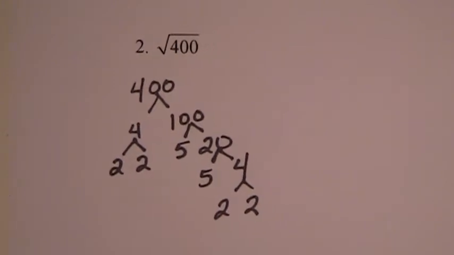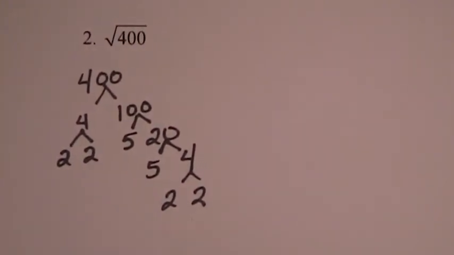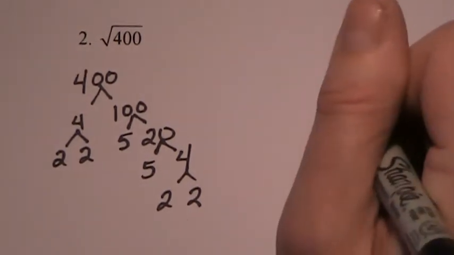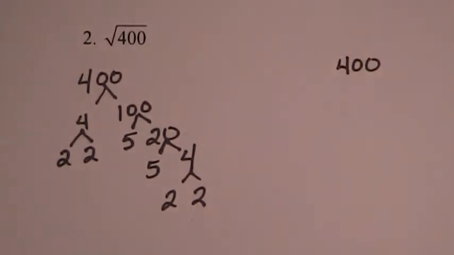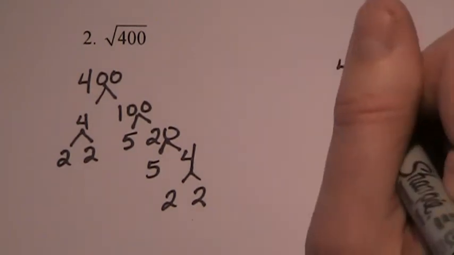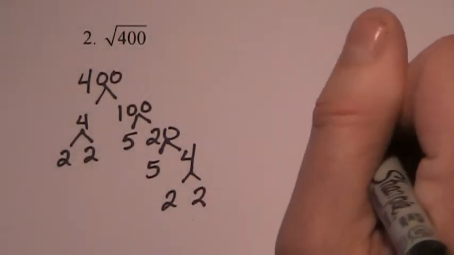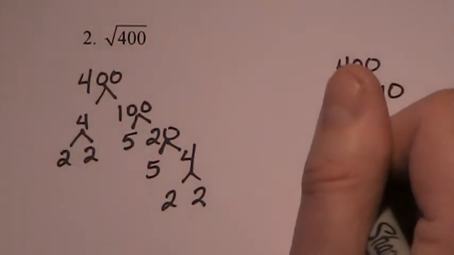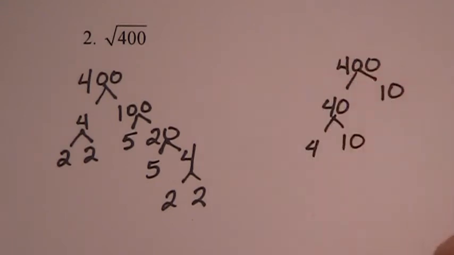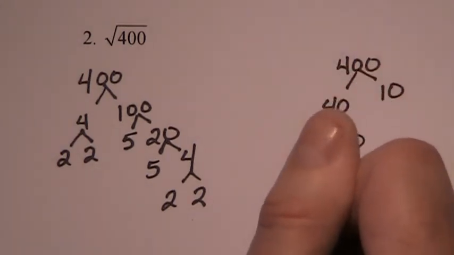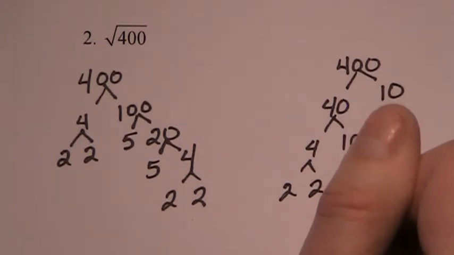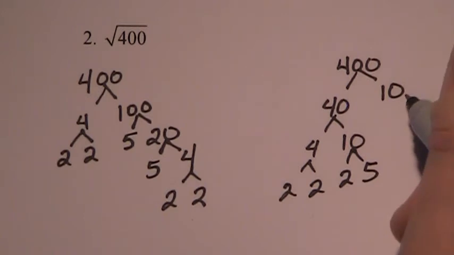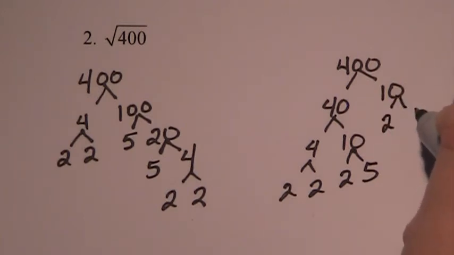And so if we take a look at this one and do it again using 400, what we can notice is instead of doing 4 times 100, I could have done 40 times 10. 40 is 4 times 10, and 4 would be 2 times 2. 10 is 2 times 5. So that part is now a prime factor. Going back to our 10, we get 2 times 5.